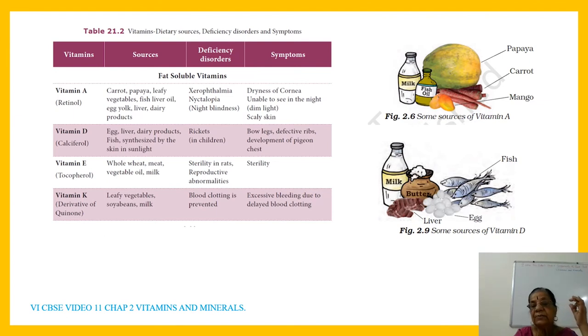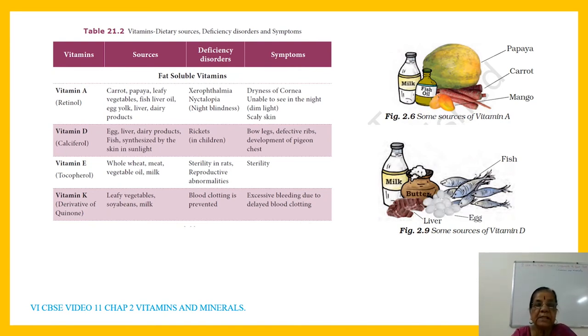And if this vitamin D is in deficit, the deficiency disorder affects rickets in children. And the symptoms are bow legs, defective ribs, chest bone, and development of pigeon chest.